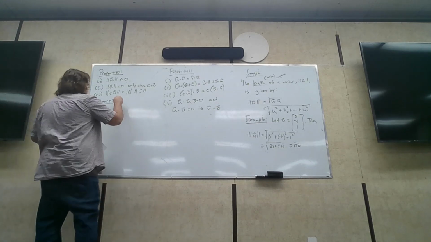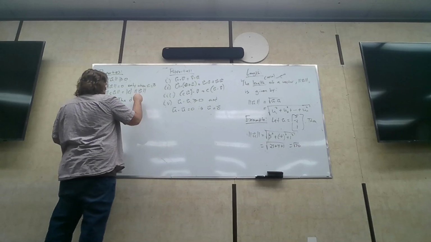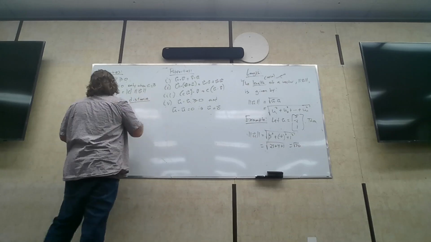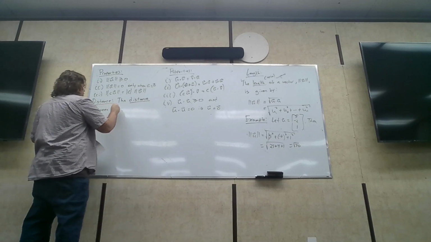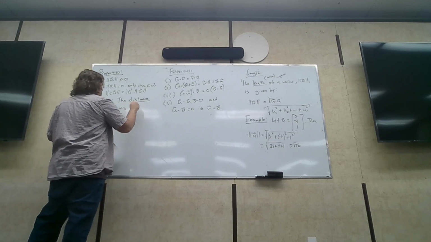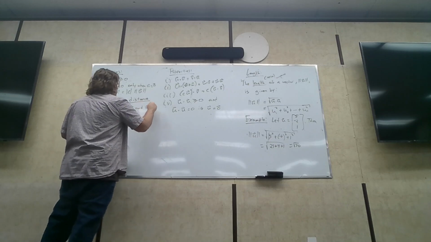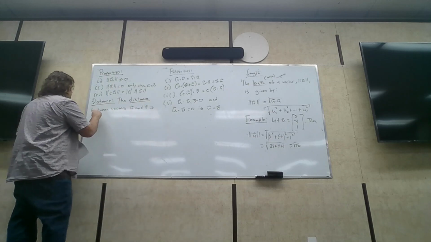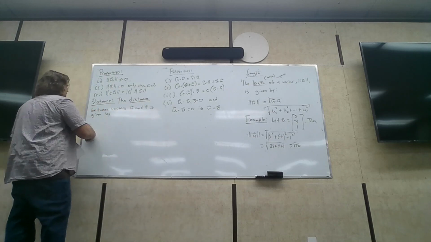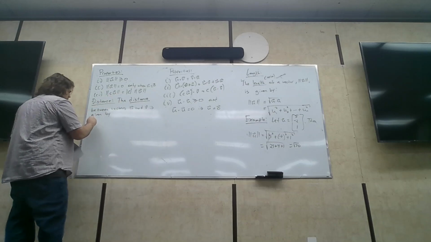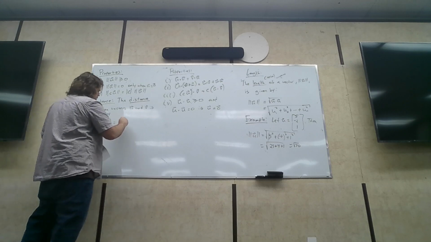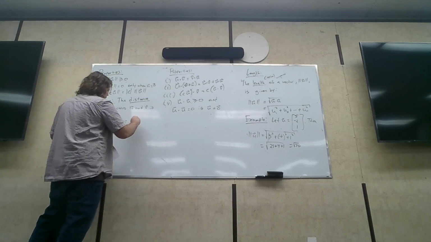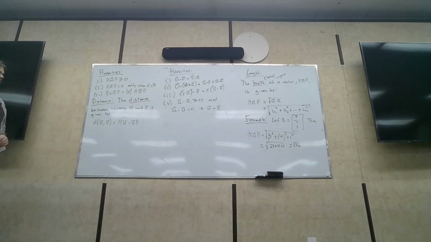So the distance between vectors u and v is given by, well, the whole point here is to leverage stuff we've just talked about. The distance between 2 things is just the length of u minus v.